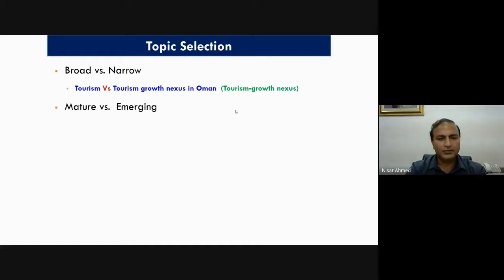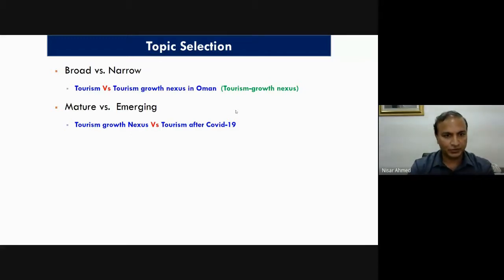And then, the next thing about topic selection is whether it is a mature topic or an emerging topic. So you have to think about that. Of course, you can do the literature review on both. For example, tourism growth nexus is a mature topic, like many people have done it, many people have tested whether tourism is causing growth or if it is the growth which is causing the tourism.